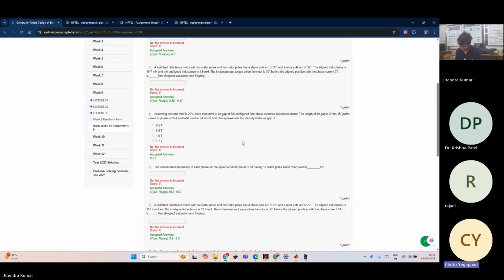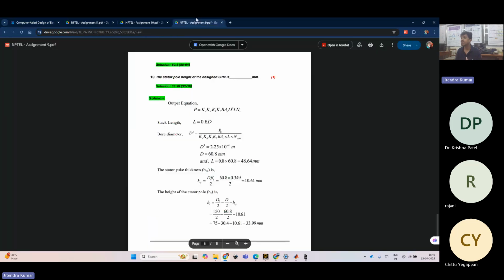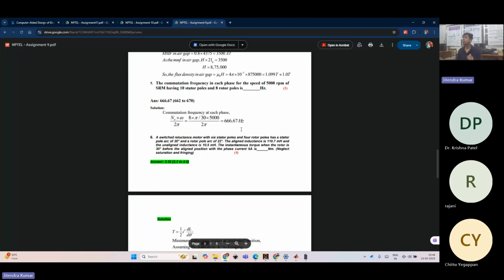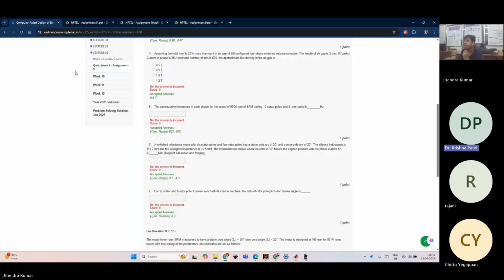Sixth question, sir. Motor with 6 poles and 4 rotor poles, theta 2 minus theta 1. Is it modified or still the same? I'm getting 3.587.